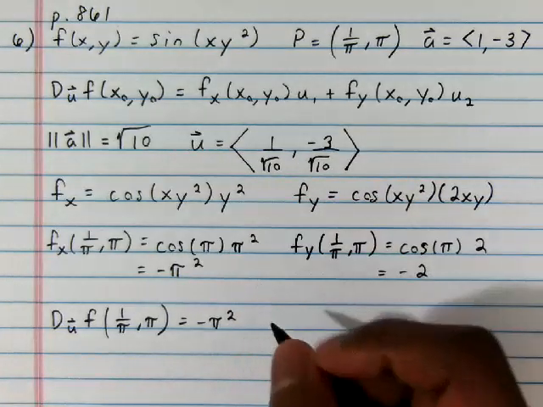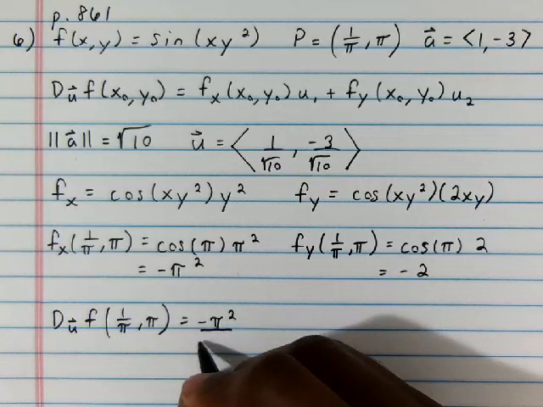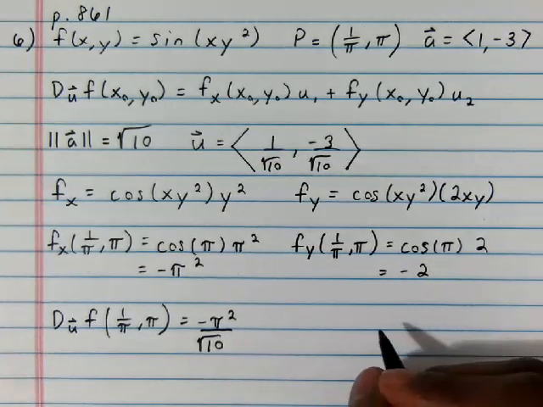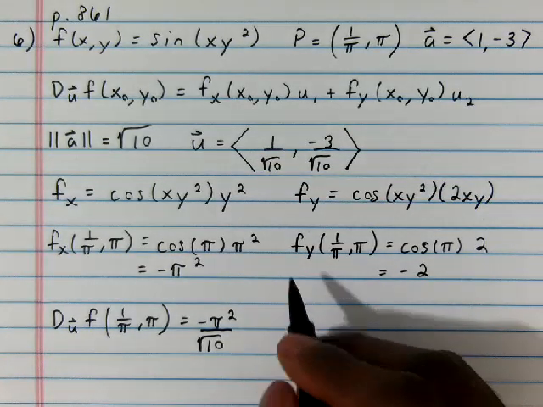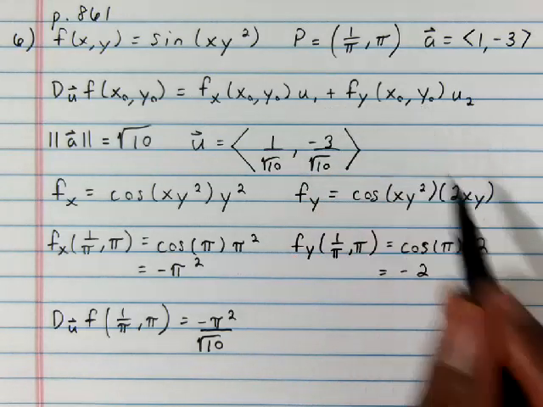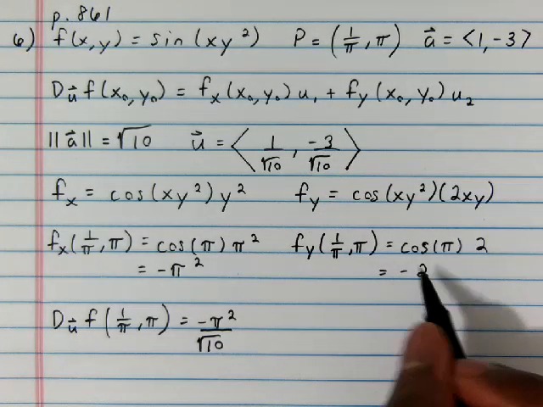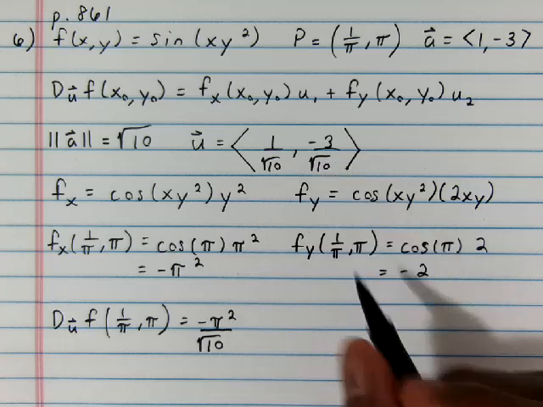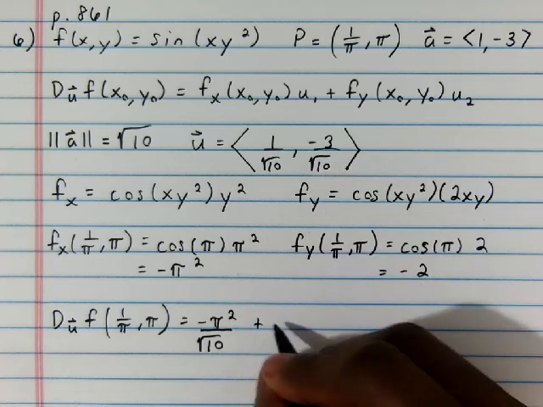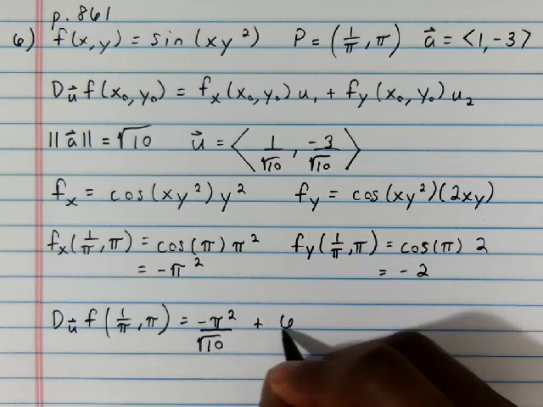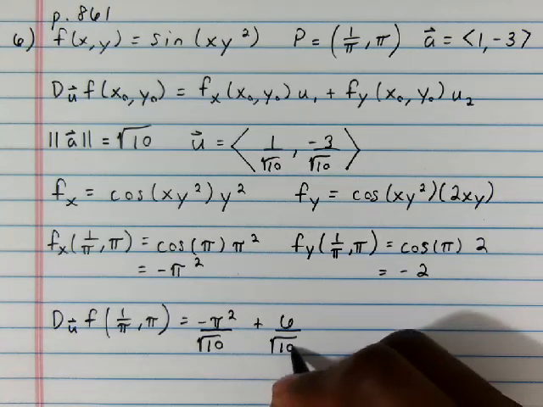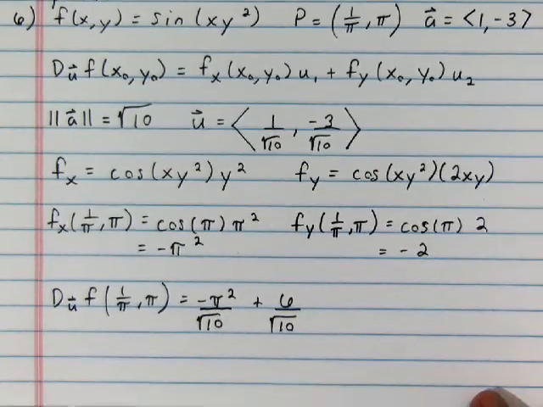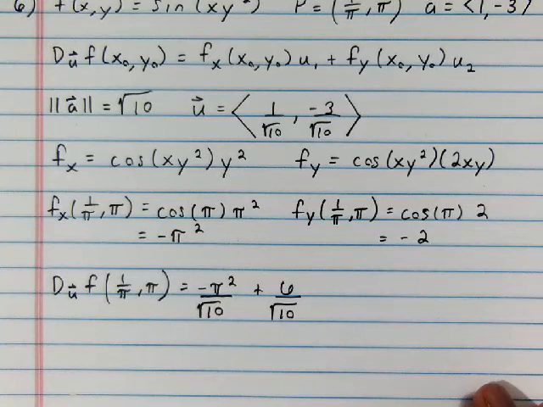So that gives us negative pi squared over the square root of 10. And then plus f sub y at our point, which is negative 2, times the negative 3 over the square root of 10. So that's going to give us 6 over the square root of 10. All right, and that will be our directional derivative there.